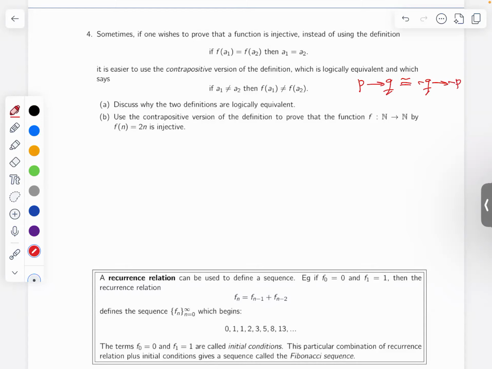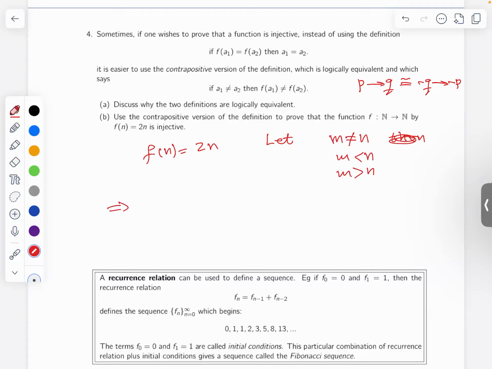Part B, use the contrapositive. So f of m equals f of n implies m equals n. Let m not equal n. Then you can assume that m is less than n or m is greater than n.